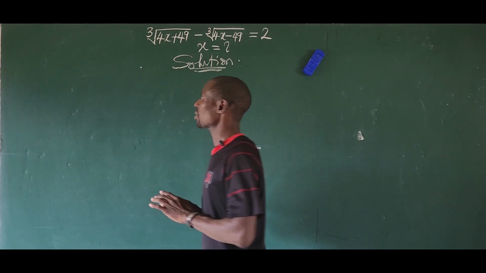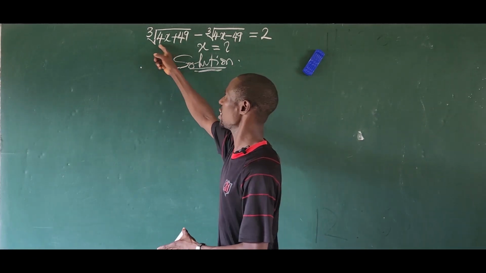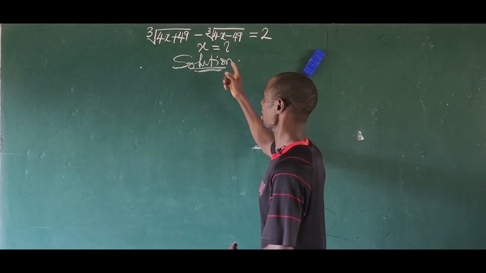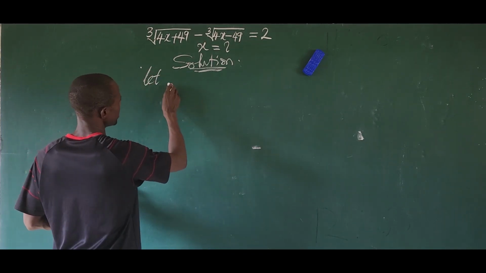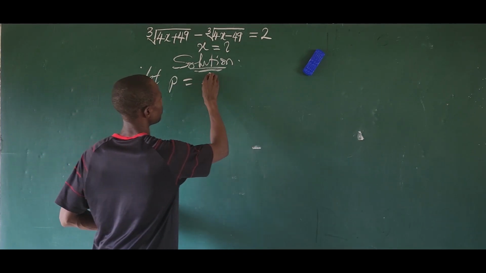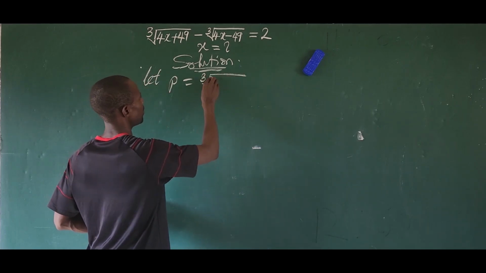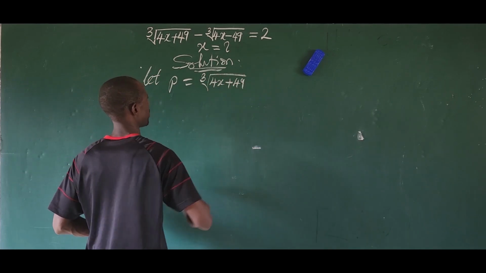Now, we're going to start off with substituting another alphabet for this first expression and a different alphabet for this. And so we're going to say here, let's take a p. I like using p. Let p be equal to the cube root of 4x plus 49.